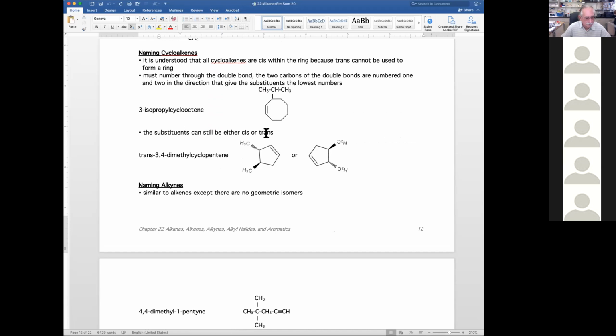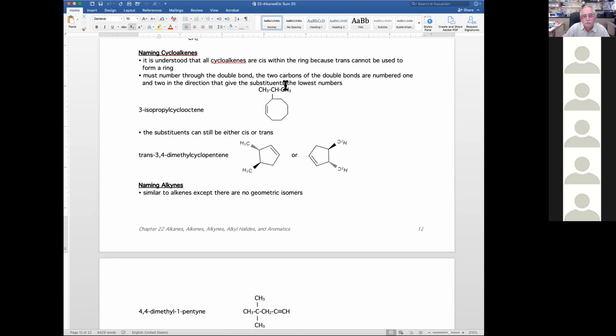Okay, what about cyclic alkenes? It's kind of understood that cycloalkenes are going to be cis. It would be kind of a cruel joke to give you some models and tell you to build the trans form of this, because it's just not going to work. You know what I mean? The interesting thing about this is that you have to number through the double bond. That means the two carbons in the double bond are going to be numbered 1 and 2.